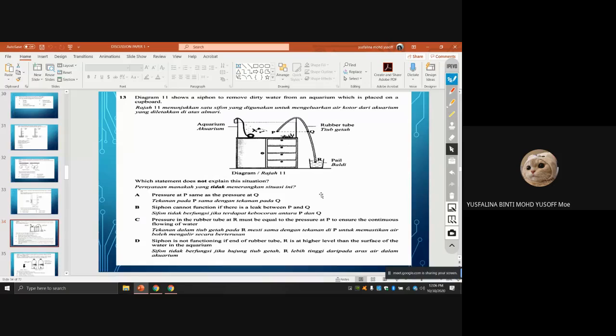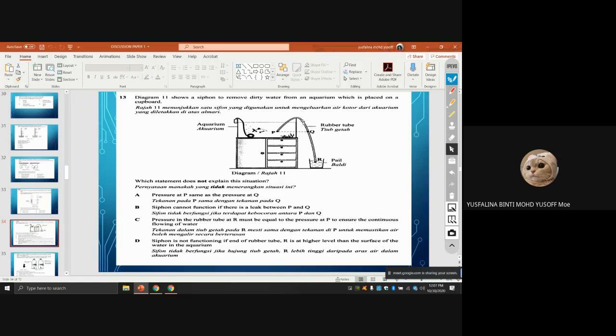Alright, for number 13, diagram 11 shows a siphon to remove dirty water from an aquarium which is placed on the cupboard. Which statement does not explain this situation? Pressure at P same as the pressure at Q, yes, should be the same. The siphon cannot function if there is a leak between P and Q, yes, because if there is a leak here, the atmospheric pressure will be acting on the rubber tube, so it cannot function.